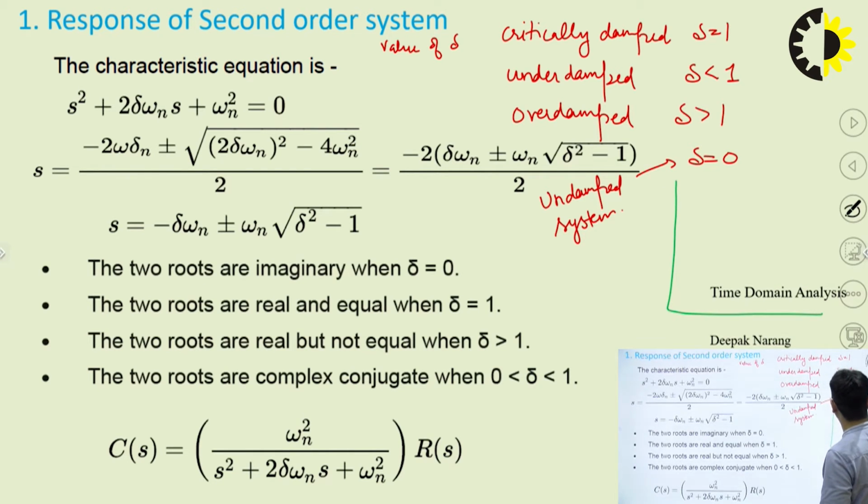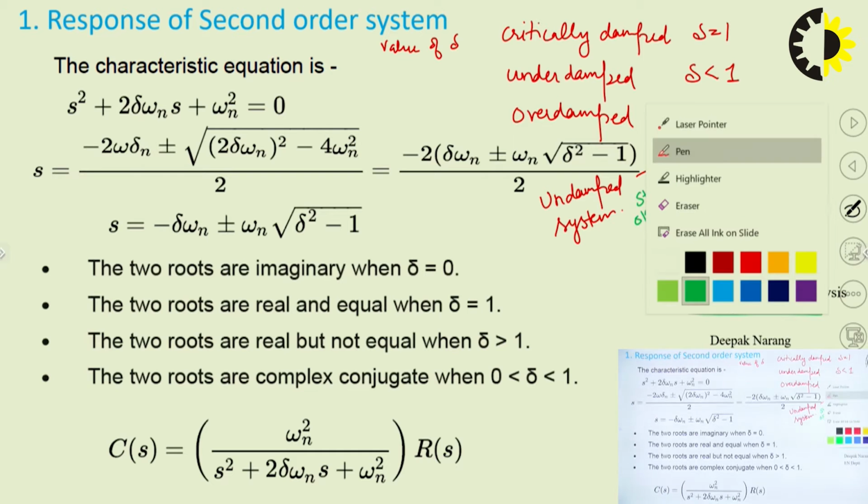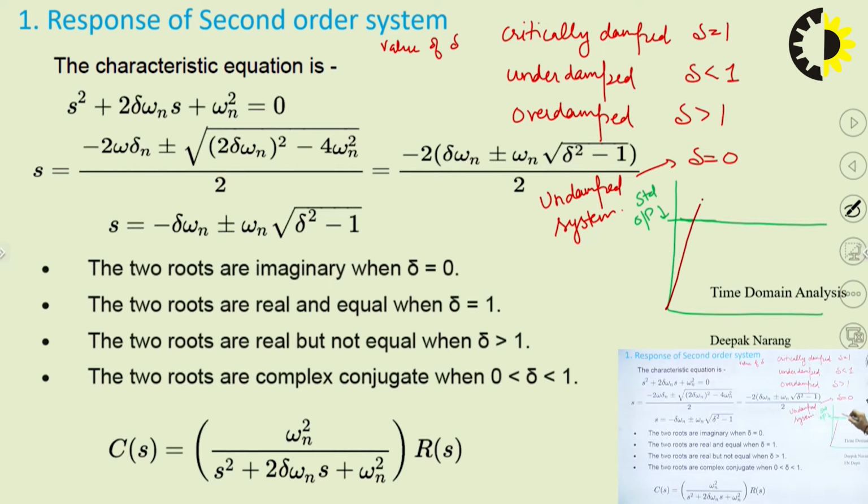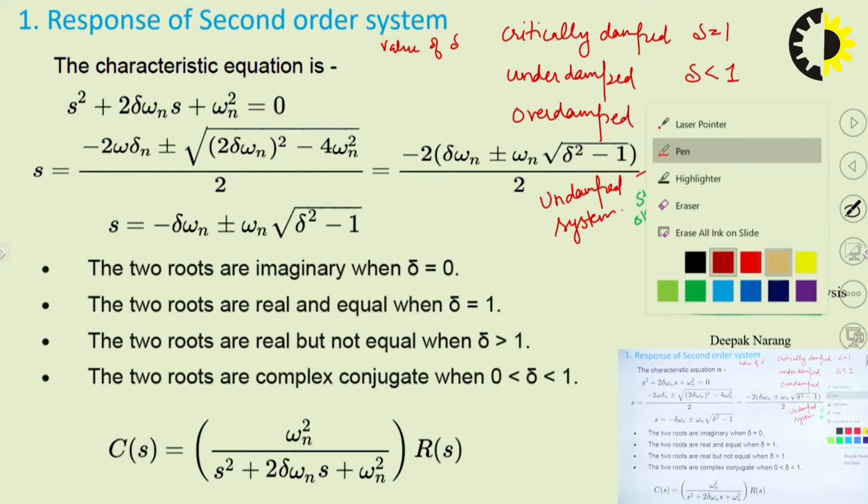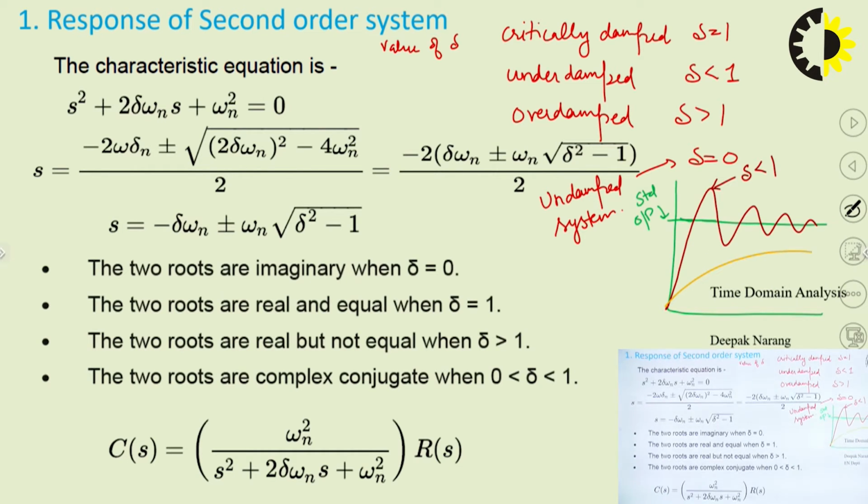by its behavior, this is our standard output or reference output, we can say. This situation is when we have delta less than 1, this response we get when delta is greater than 1.